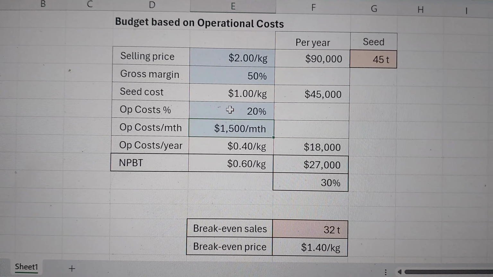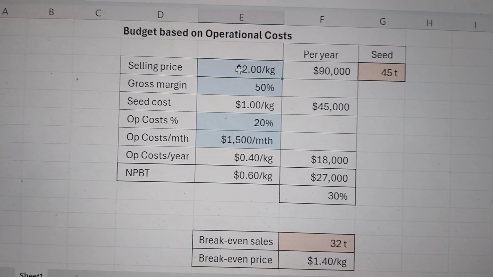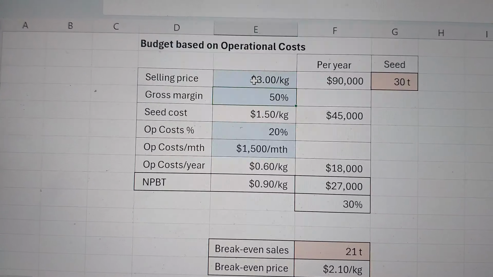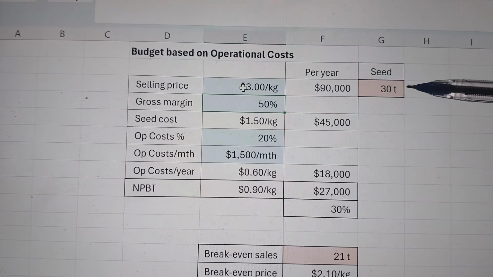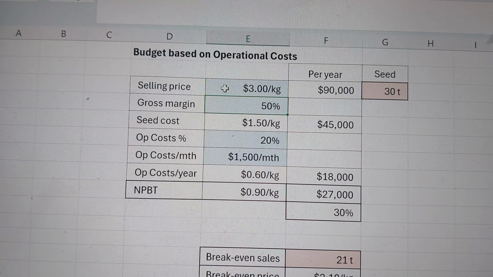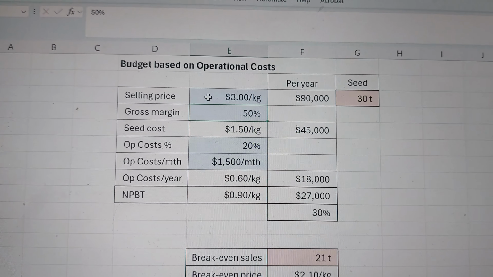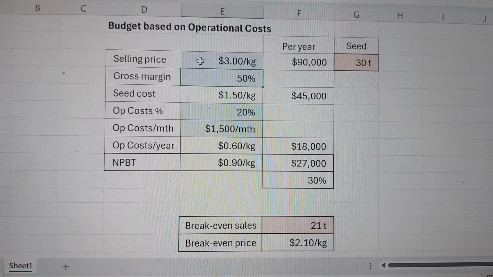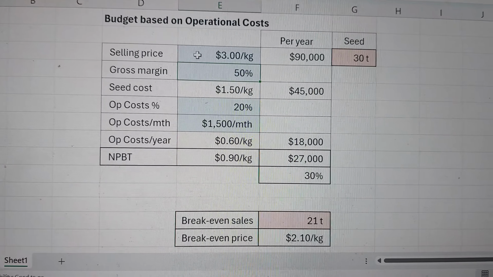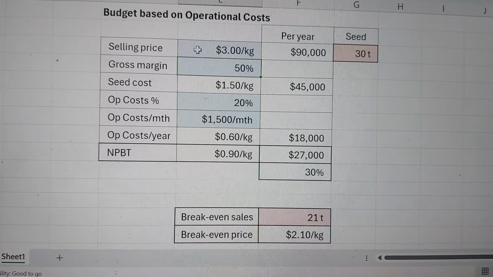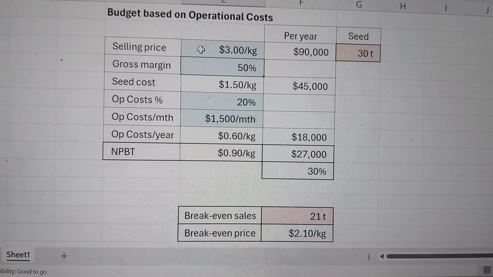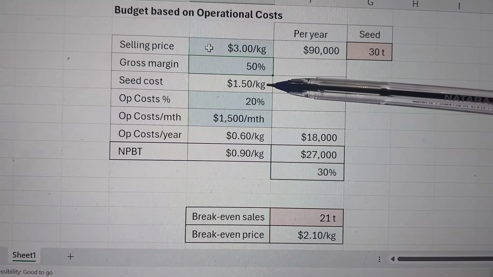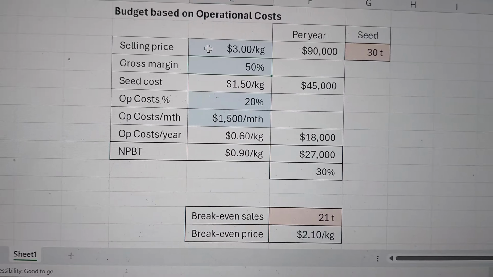And what happens if you increase your price? Well, if you increase your price to say $3 at the same gross margin, you can sell less seed to get the same profit in this case. So increasing price enables you to sell less seed for the same profit, and it also gives you, if your gross margin remains the same, more leeway on your seed cost.